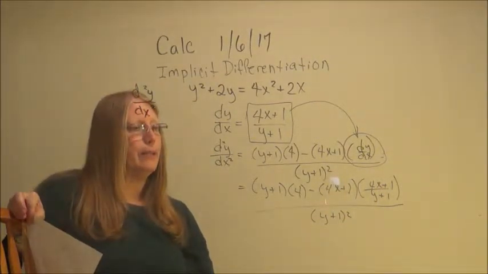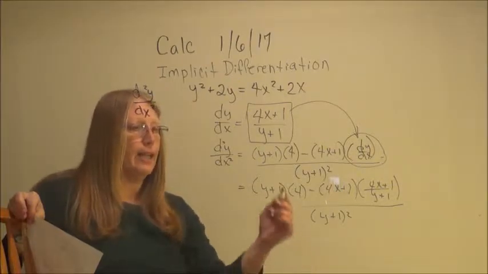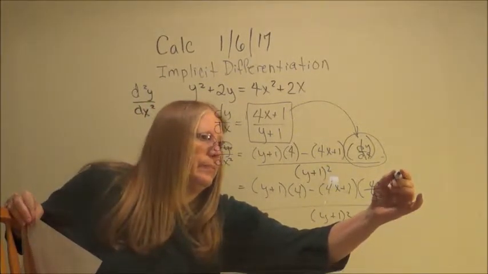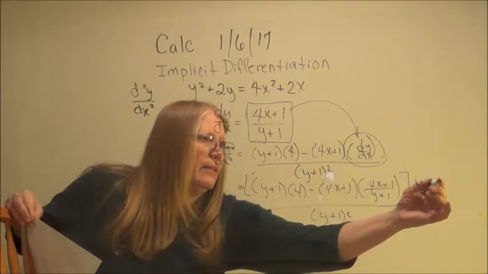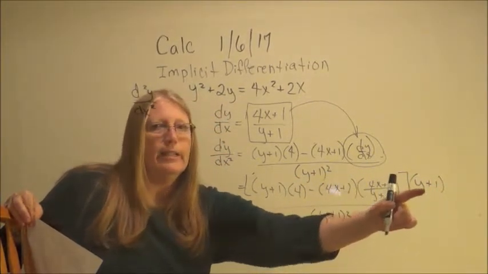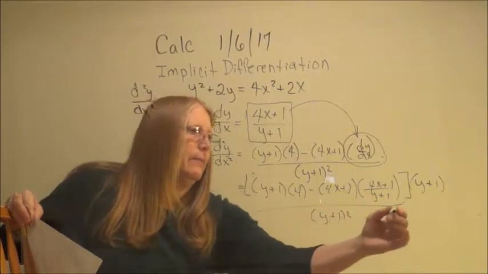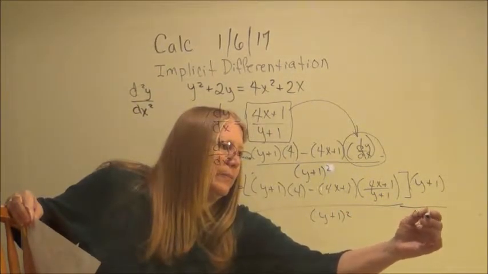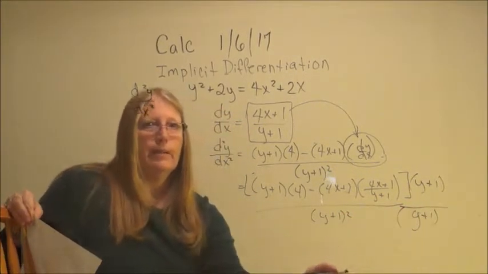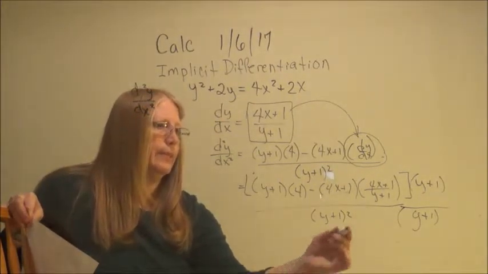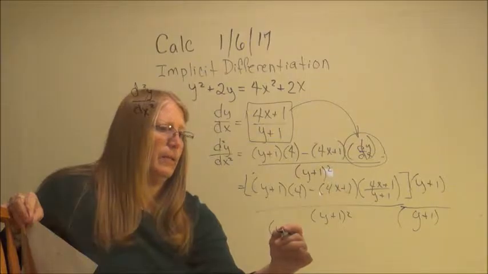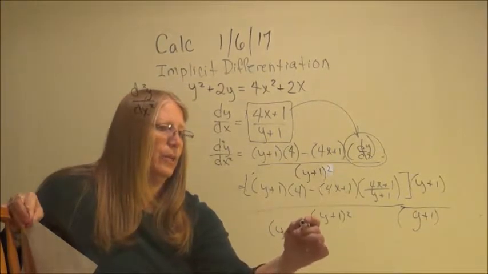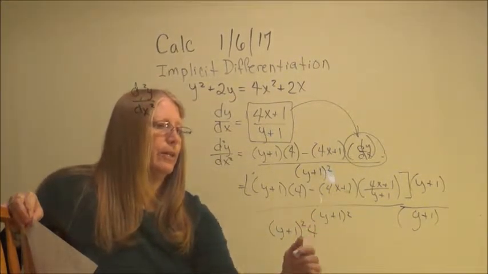So I'm going to multiply everything on the top and on the bottom. I'm going to multiply the top by y plus 1. Do you see? I'm going to clear that by doing it. And the bottom, I have to do the same. So this times this becomes y plus 1 squared times 4.